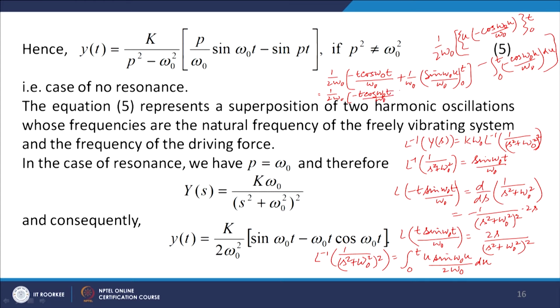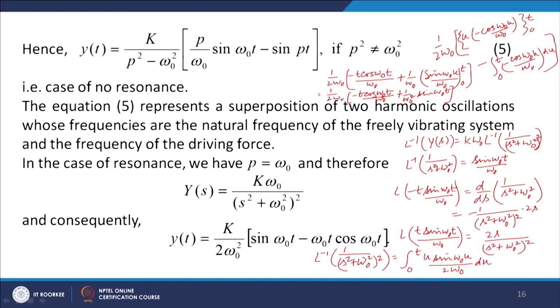plus 1 over omega naught square sin omega naught t. At u equal to 0 it becomes 0. So, we get 1 over 2 omega naught here. So, what do we get?